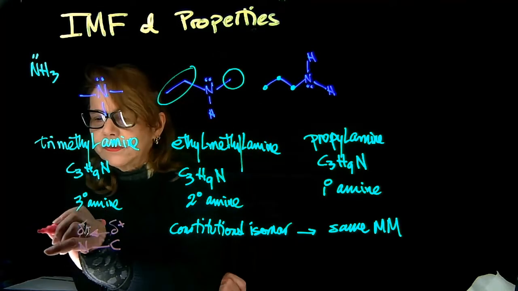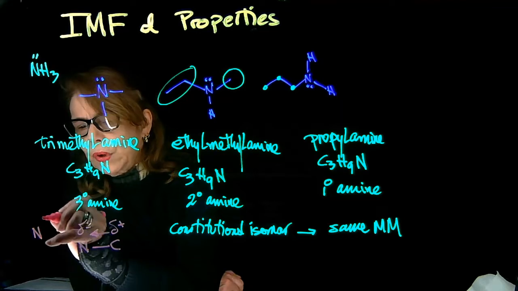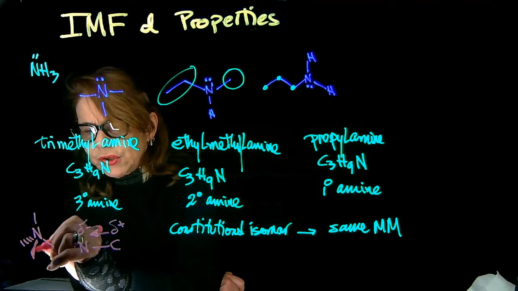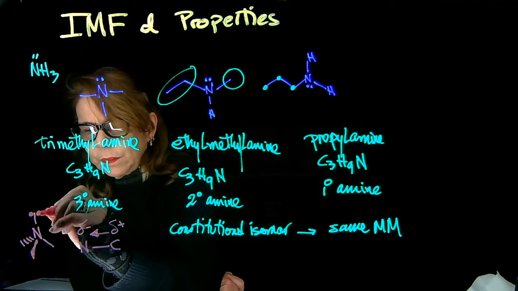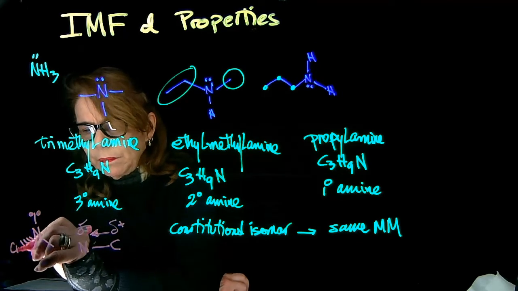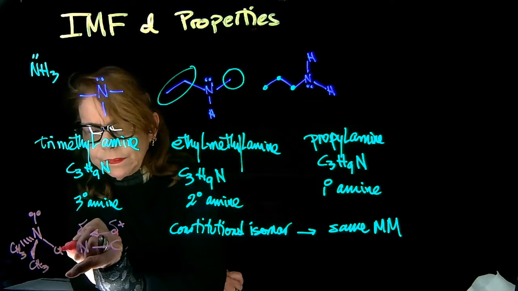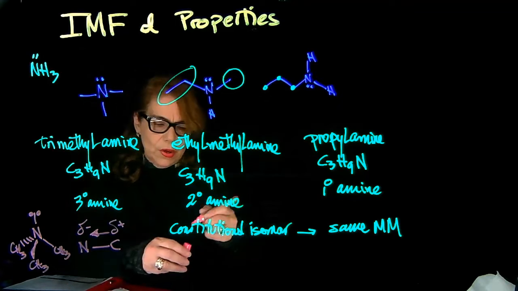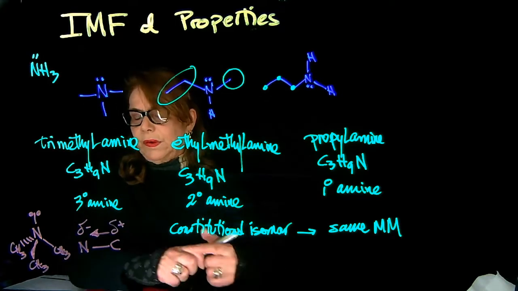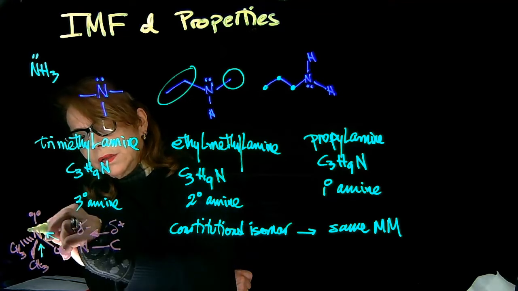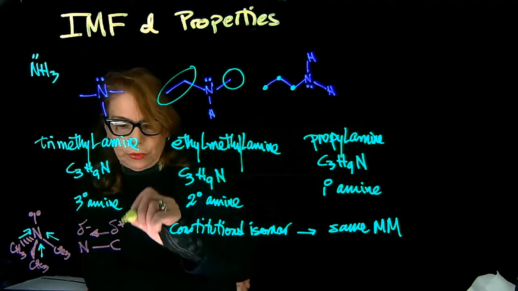If I make a drawing showing the shape, this is my lone pair, and methyl groups, similar to ammonia, right? All of the arrows will be pointing towards the nitrogen. So this molecule is polar.